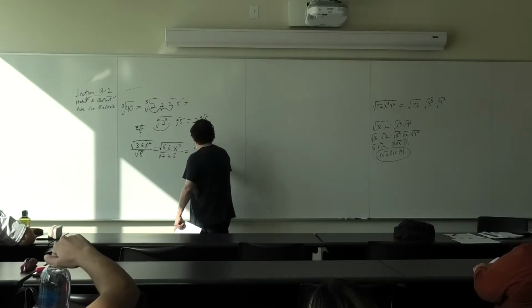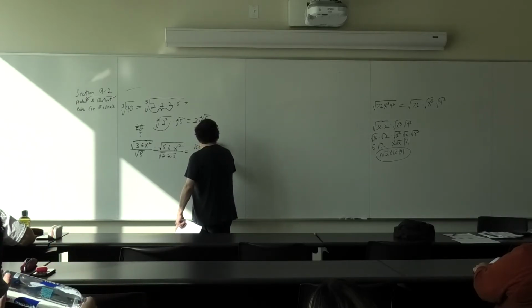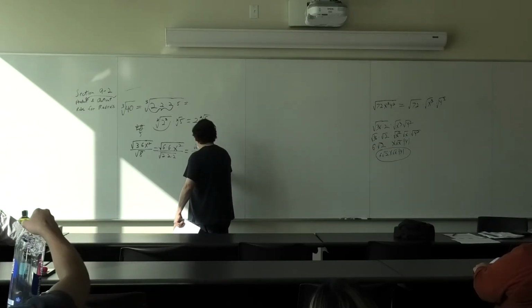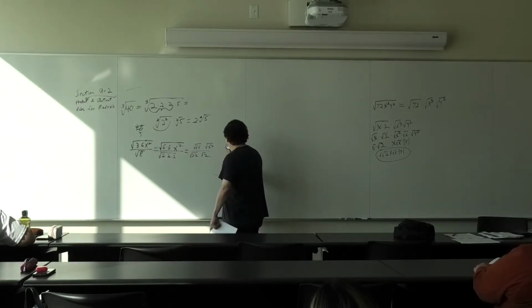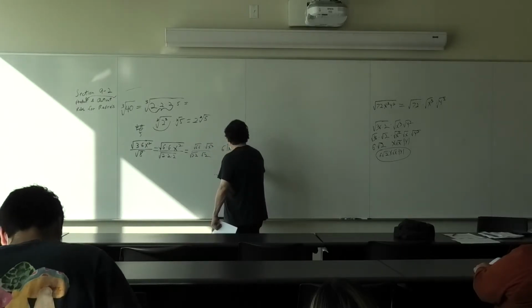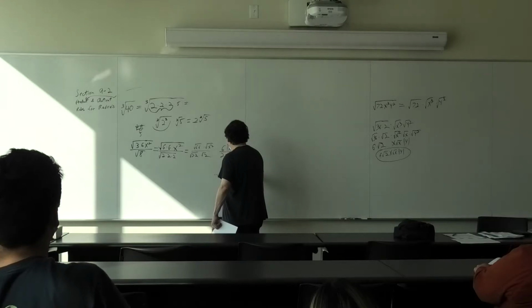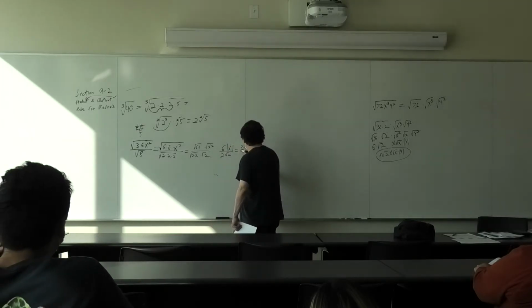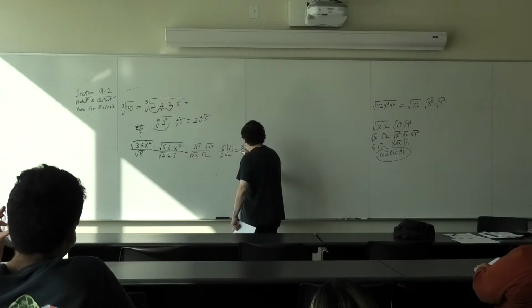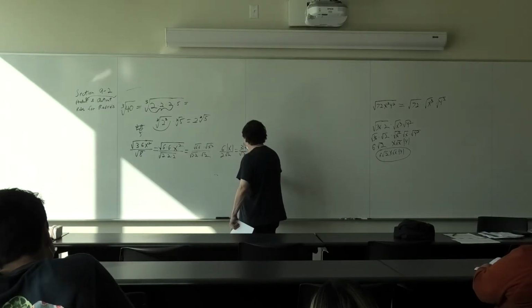So that's the square root of 6 times 6, the square root of x squared, over the square root of 2 times 2 times the square root of 2. So this gives me 6, absolute value of x, over 2 square root of 2, which gives me 3, absolute value of x over the square root of 2.